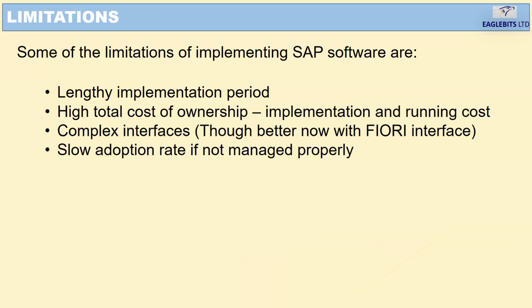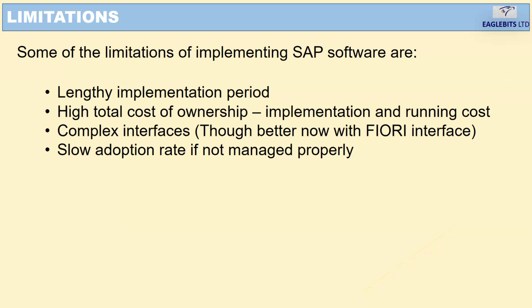Some of the limitations of implementing SAP software are the lengthy implementation period. From experience, SAP could take at least 3 months, from the data requirement gathering process up to the blueprinting process and then the implementation phase, which could be quite lengthy.